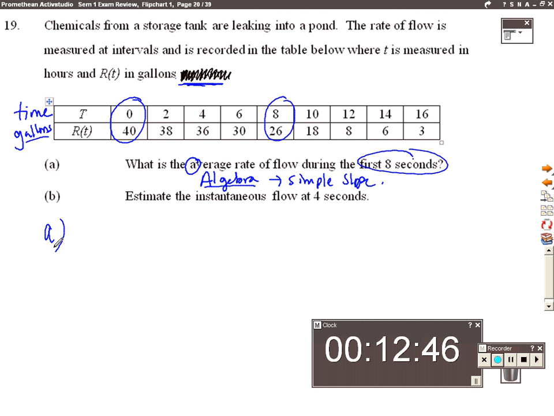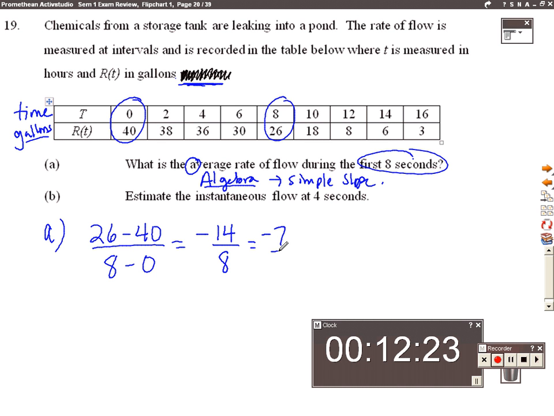We're just going to do change in y, which would be 26 minus 40 over 8 minus 0, which gives me negative 14 over 8, which can be reduced to negative 7/4 gallons per hour.